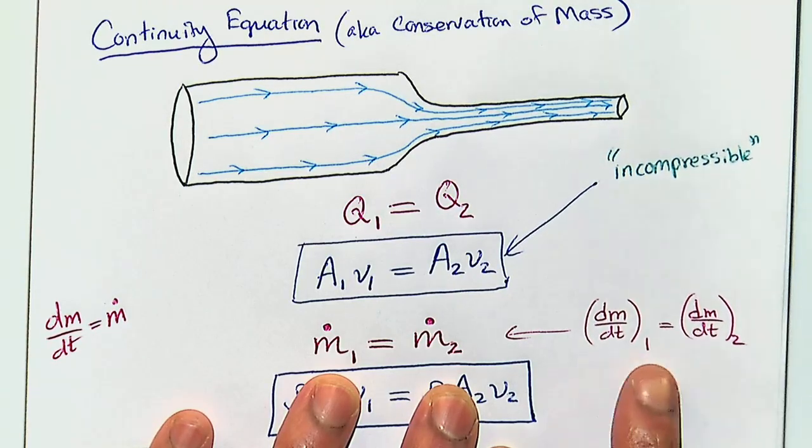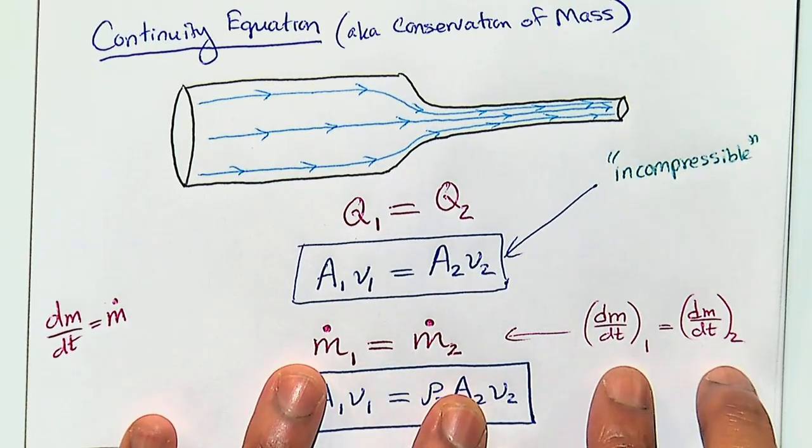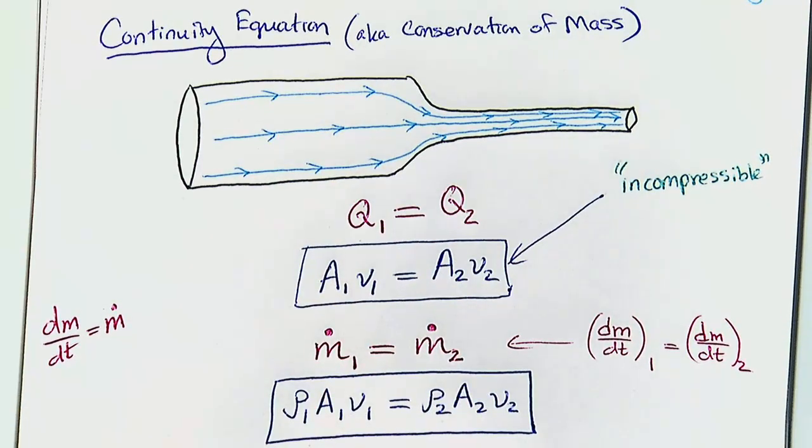This is a little bit messier way to write, so that's why it's written this way. This is essentially saying the derivative of mass with respect to time, one section versus the other. Like the dot notation you may have seen in your calculus class, sometimes you use a prime notation. There are different ways to say derivative.